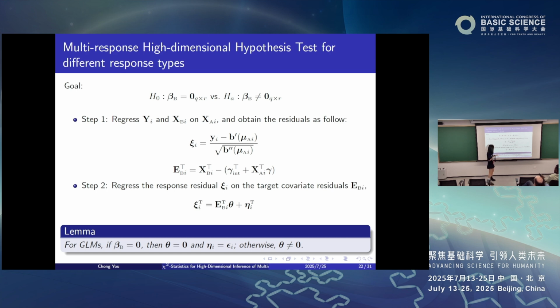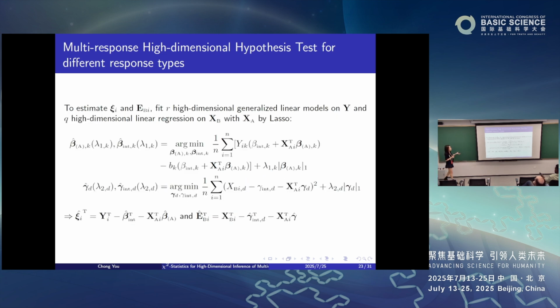But if your beta b is non-zero, like under your alternative hypothesis, we can only say that your theta is not 0, but theta is not beta b. But again, our scope is to test whether it is 0 or not, but not to estimate what is beta b. So this is still reasonable.